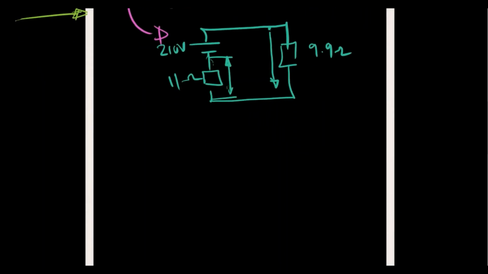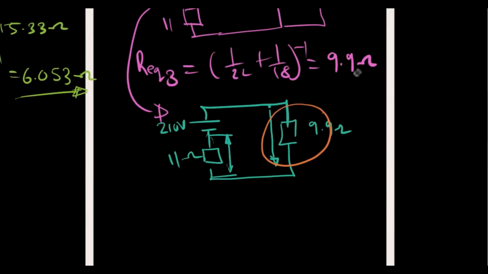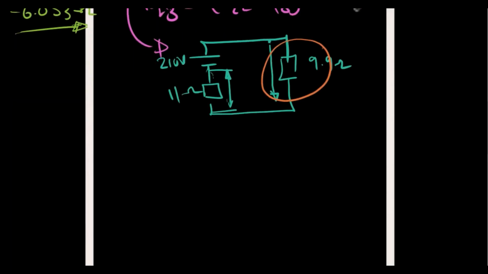Okay, so we can use voltage divider to get our voltage drop in the 9.9 resistor, because that's the resistor we're interested in at the moment. So we would say V 9.9, the voltage drop in the 9.9 ohm resistor, is equal to the source voltage 210V multiplied by the voltage that we are interested in.